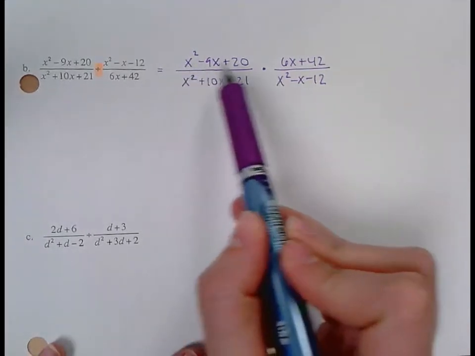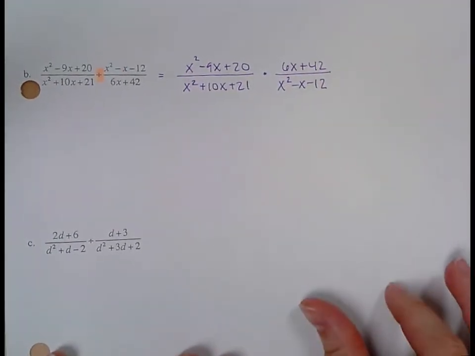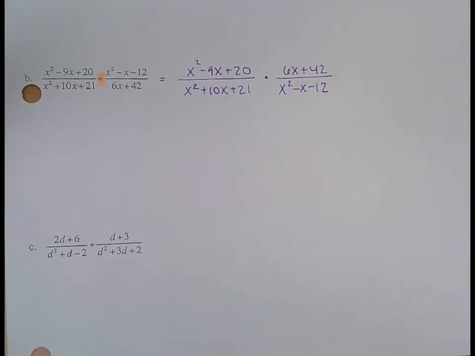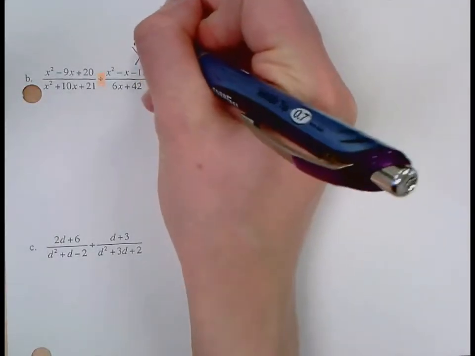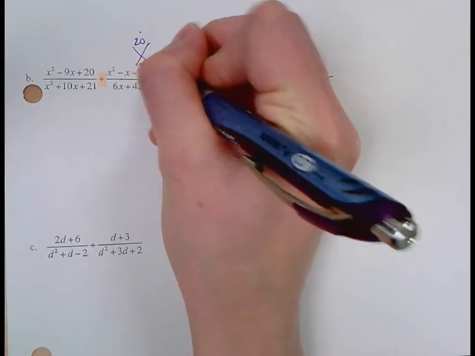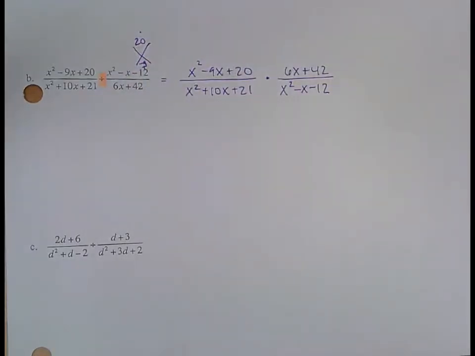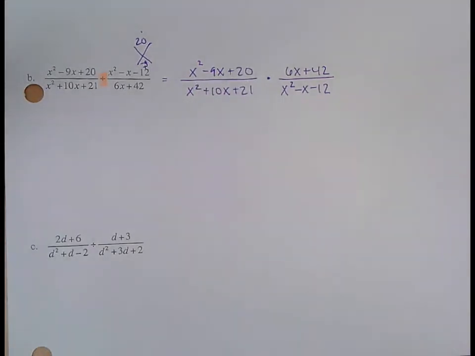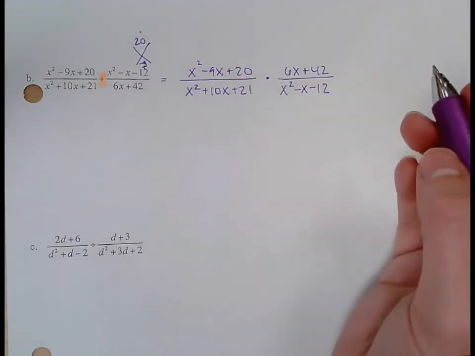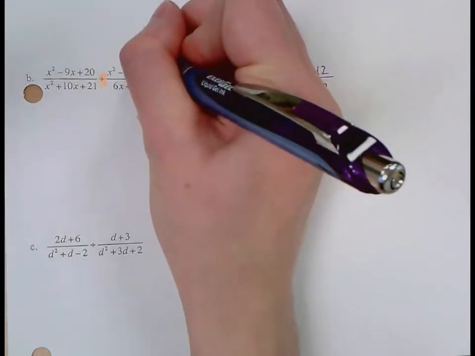So on the top of that first fraction, I have a diamond, x squared minus 9x plus 20. To factor it, we'd be multiplying to 20 and adding to negative 9. What numbers would work for that top one? Multiply to 20, add to negative 9. Negative 5 and negative 4?